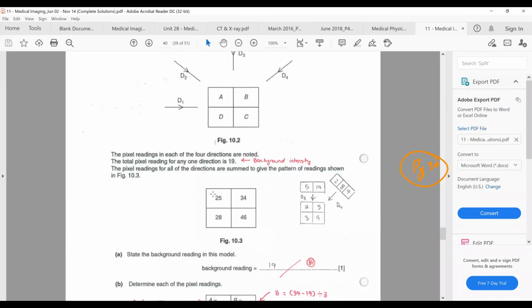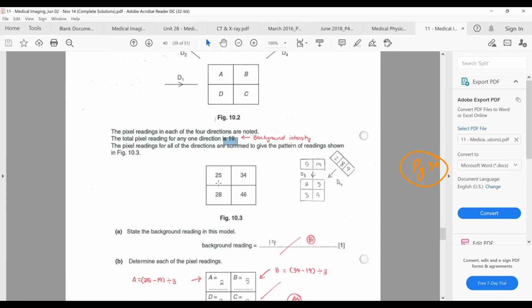Now, this one that you have is the total detector readings, the total reading in all the 4 directions. The total pixel reading in any one direction is actually talking about your total detector reading in any one direction. This one you could identify is your background reading or background intensity.